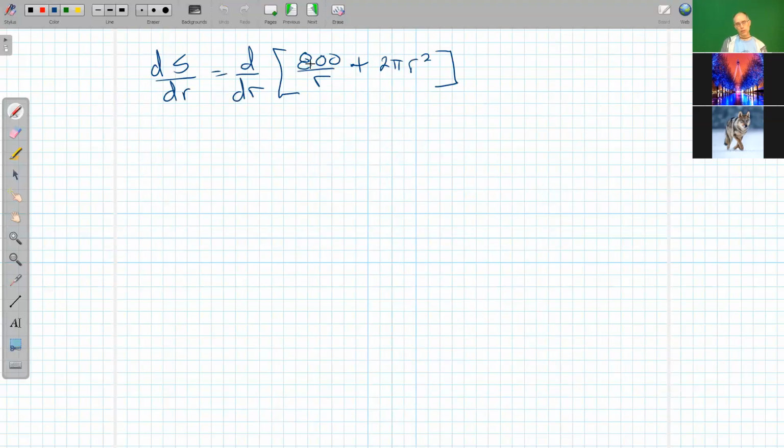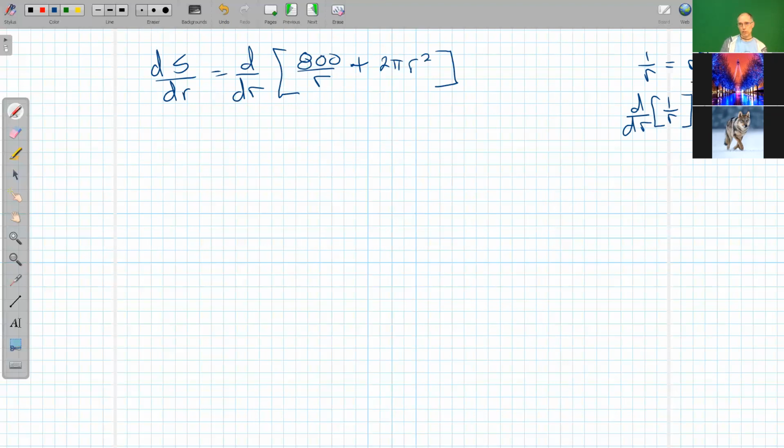So taking the derivative of this function with respect to the radius, there are a couple of ways to think about that. Either you remember the derivative of a reciprocal, or you think of 1 over r as r to the negative 1. And this is one I happen to have memorized: the derivative with respect to r of 1 over r is equal to negative 1 over r squared.